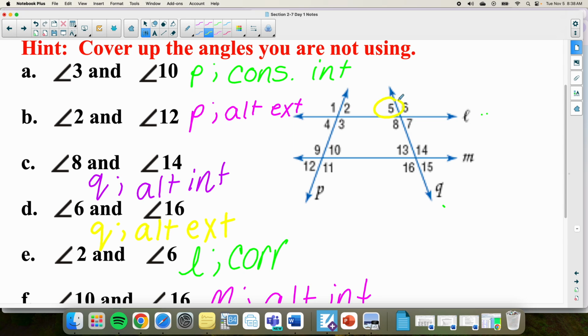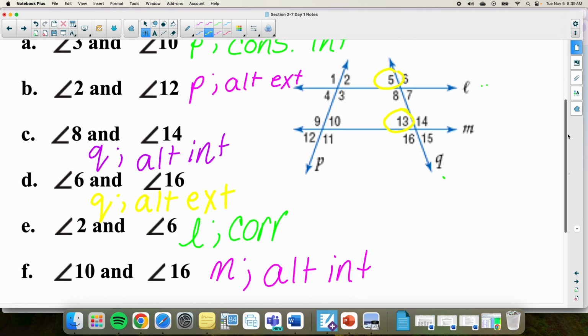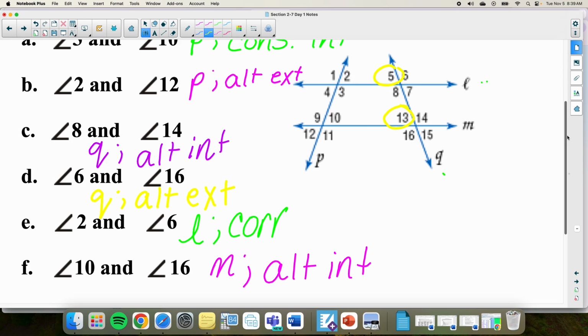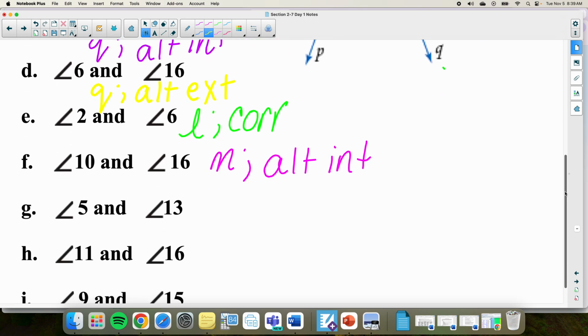So here's 5, here's 13. Try to ignore this whole group over here. What transversal do they lie along? Q. And can you tell which kind those are? Corresponding again. Notice one's inside, one's outside. So think corresponding, and they are in the same position. It's to the left and above, to the left and above. So I'm going to say Q and corresponding. Okay.